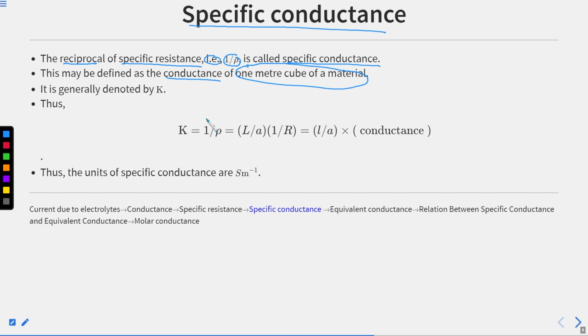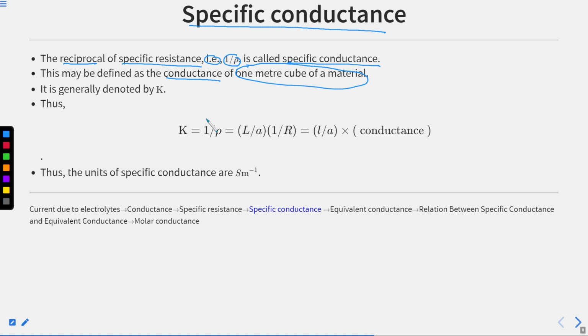So it will always be 1 meter cube. If you take a cylindrical wire, the formula will be pi r square h, and the volume of that will be 1 meter cube. Okay, this is clear.